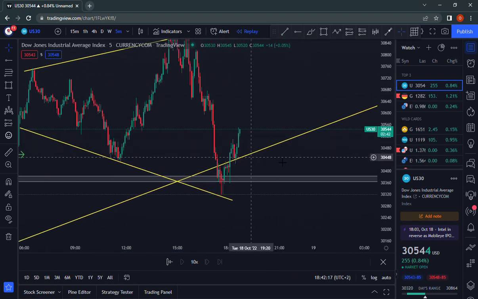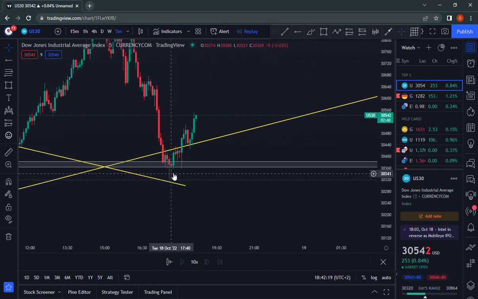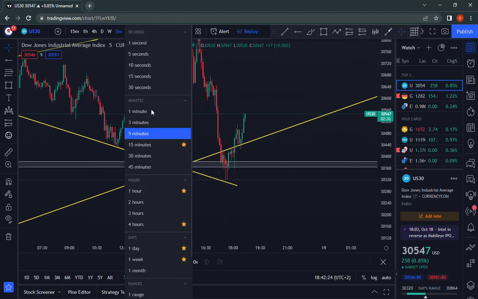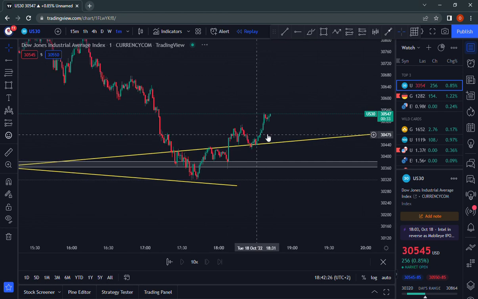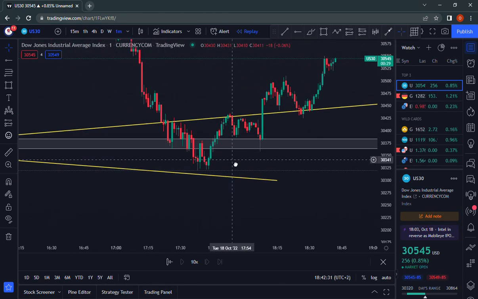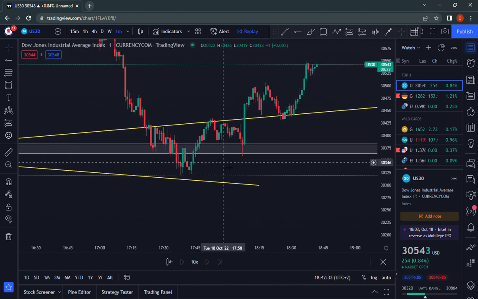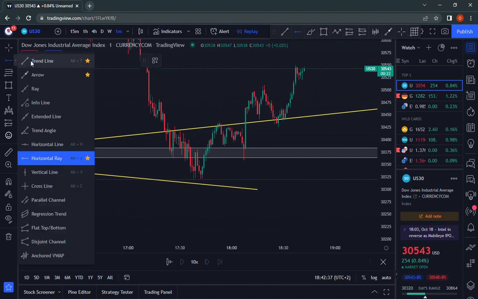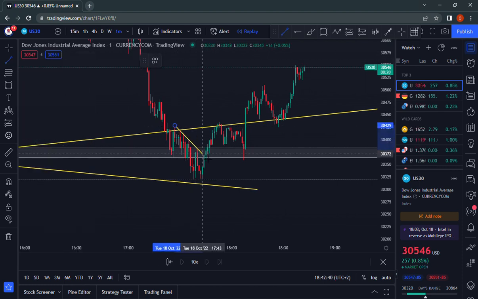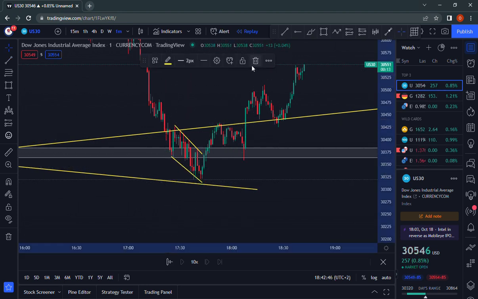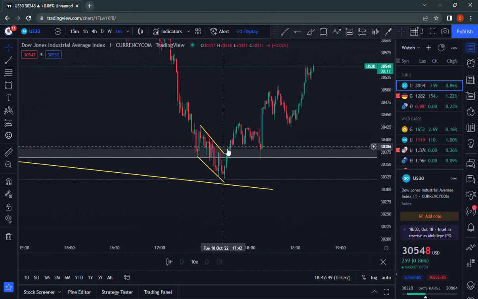So let's not focus on that. But okay, sharp. Now this is the OB. On this 5 minutes, we can still go to the 1 minute. On this 1 minute, I want you to look at something. When this move was coming down here, we had a 1, 2, 3 correction to our order block.